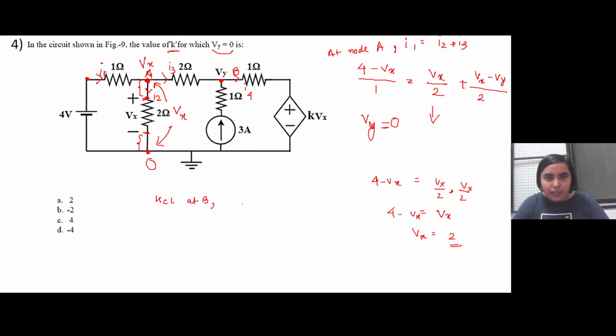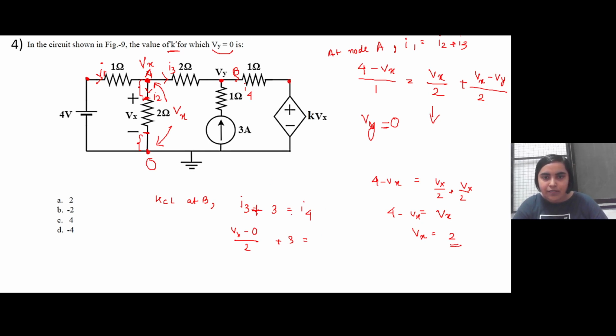So I3 plus 3, since I3 and 3 ampere current are both going inside the node, this will be equal to I4. Now what is I3? It is Vx minus Vy, which is equal to 0, by 2, plus 3, and I4 is equal to Vy minus the voltage here.